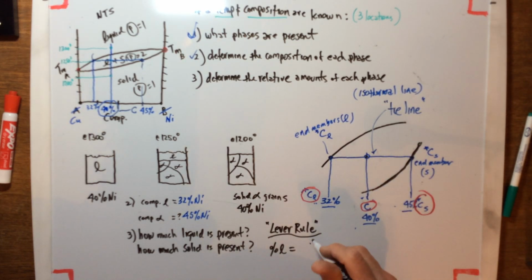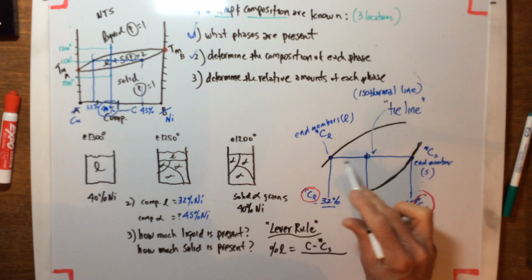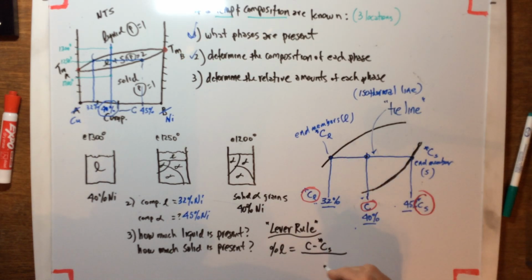So essentially what we're going to have is C minus C star S over the entire length of that tie line, which would be C star L minus C star S, and then since it's a percentage, you'd obviously want to multiply times 100. Okay.